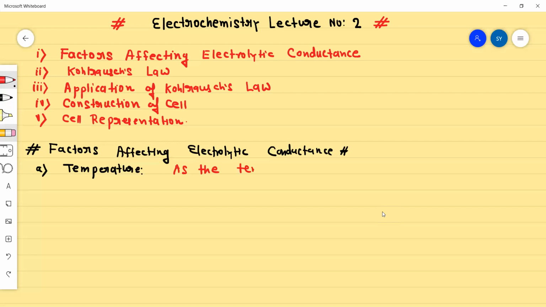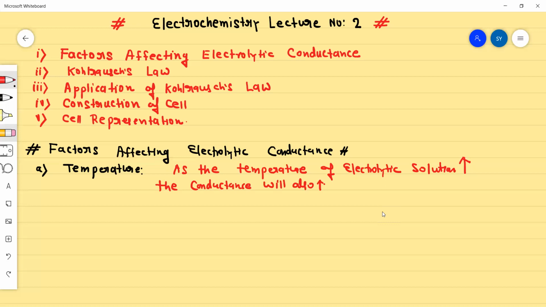As the temperature of the electrolytic solution increases, what is going to happen? The conductance will also increase.